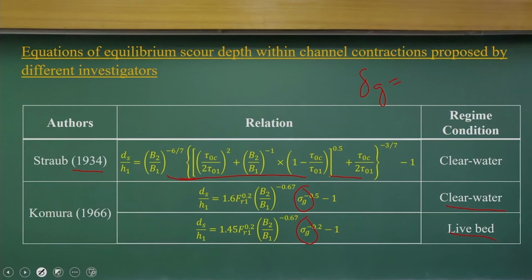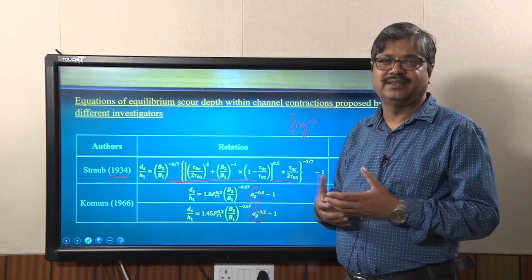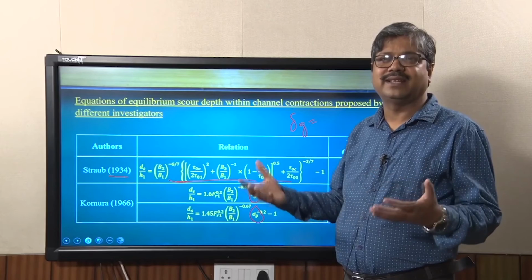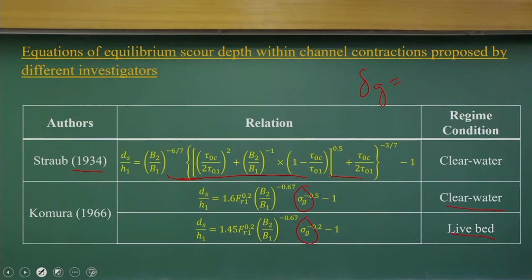That is the reason for this covariance. As you know, when you go to rivers, the bed materials are not of uniform size. You can have a particle size distribution of the bed materials. From that you can compute the geometric standard deviation of the bed materials, and if you know the Froude numbers and if you know B2 and B1, you can easily compute the DS values.